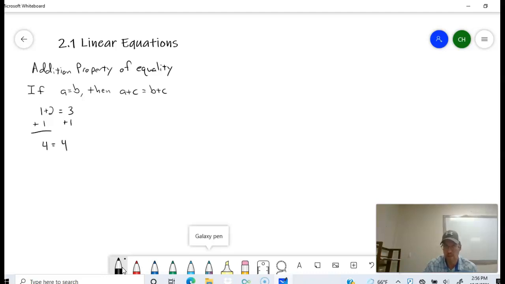Alright? So that's all that it's saying whenever it says if A is equal to B, that means they're the same. Then I can add or subtract. Don't forget, I can add or subtract from both sides, and it'll remain true.